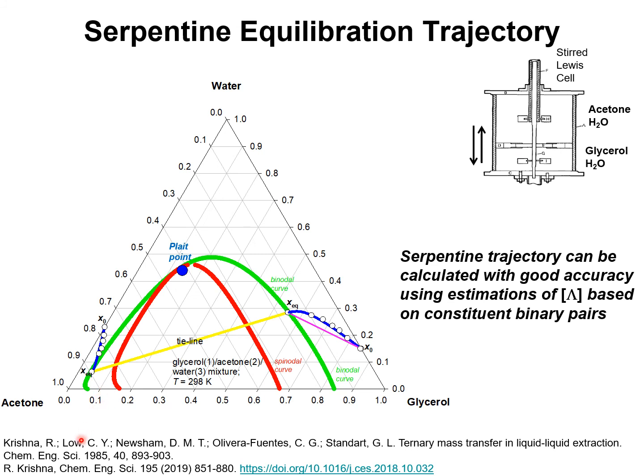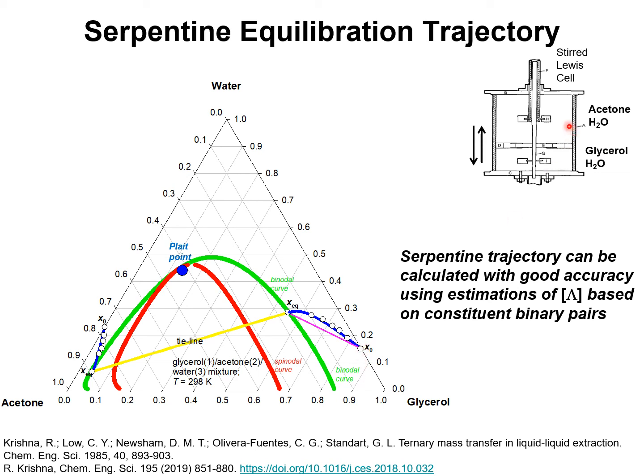Consider the experimental data reported in 1985 for interdiffusion in the system glycerol, water, and acetone. These experiments were conducted in a Lewis stirred cell. The bottom cell contains a mixture of glycerol and water at this composition.